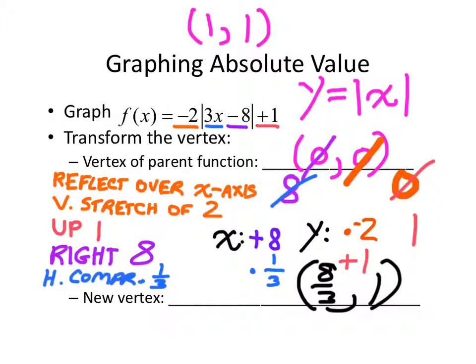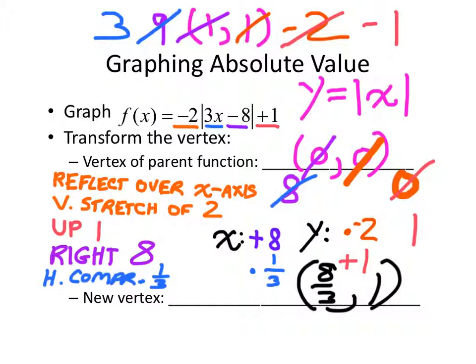So first the vertical stretch and the reflection, then the translation up 1, then the translation 8 to the right, and then finally the horizontal compression by 1/3. Therefore, the graph is also going to contain the coordinate (3, -1).